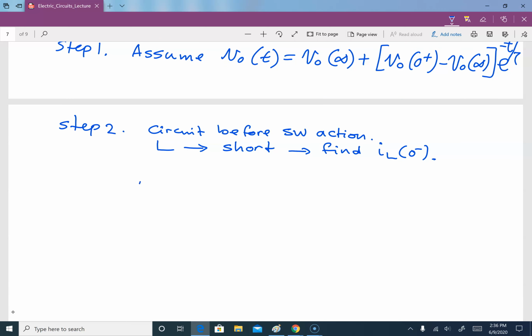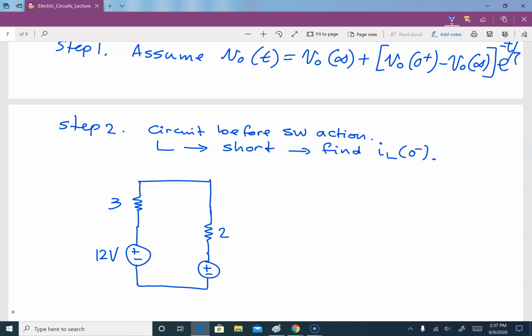So our circuit will look like this. That is 3 ohm. This over here is our 12 volts. We come over here, our switch is closed. This is 2. This is 6 volts. This over here where our Ix is flowing.